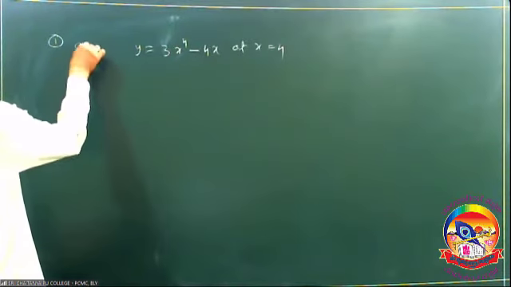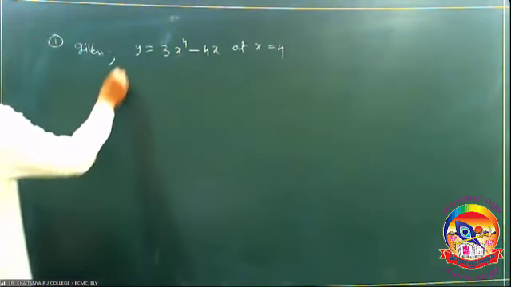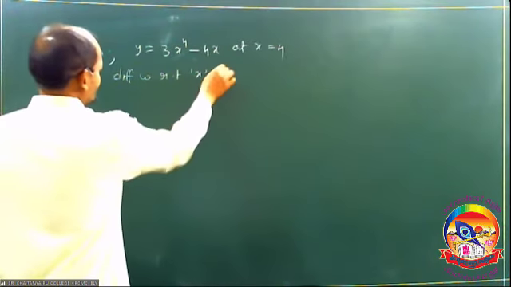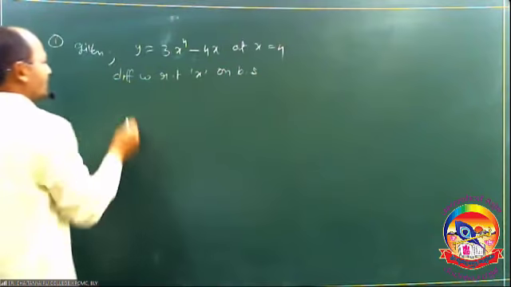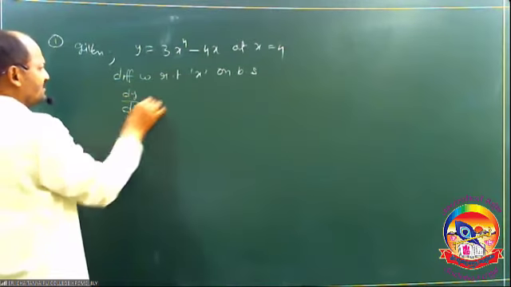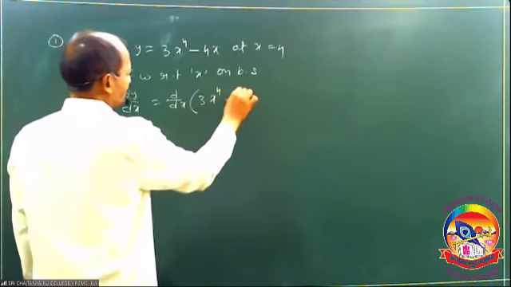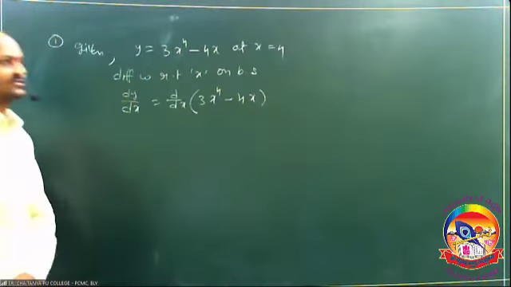So given the curve, differentiate with respect to x on both sides. That is dy by dx is equal to the derivative of 3x power 4 minus 4x.